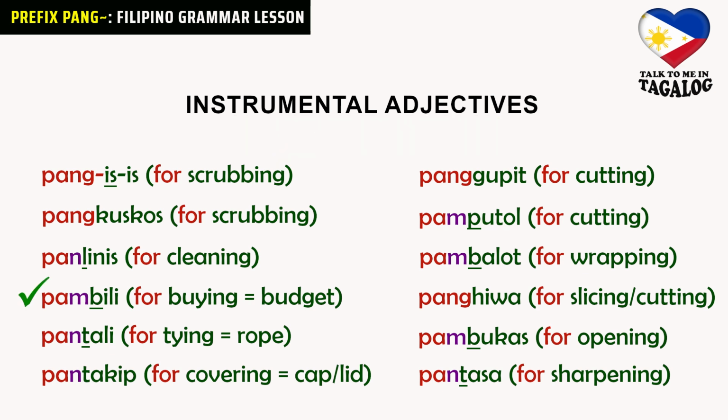Pambili, money for buying or budget. Pantali, for tying. So pantali is either a rope or a string. Pantakip, for covering. Cap or a lid.